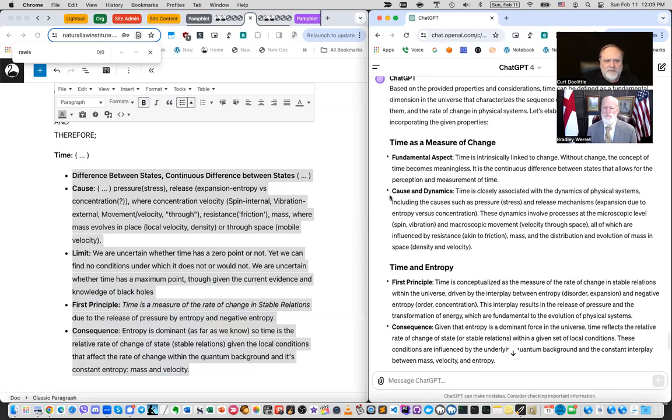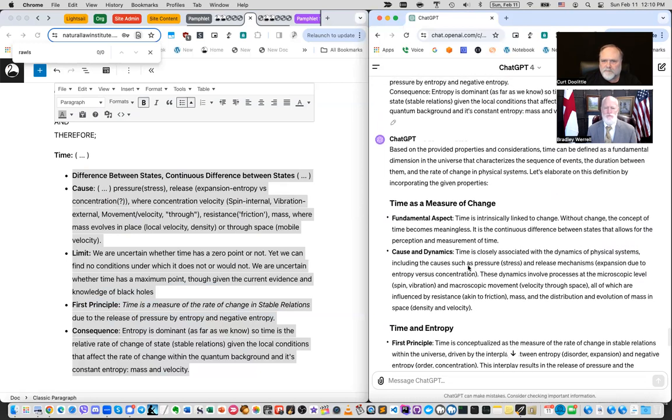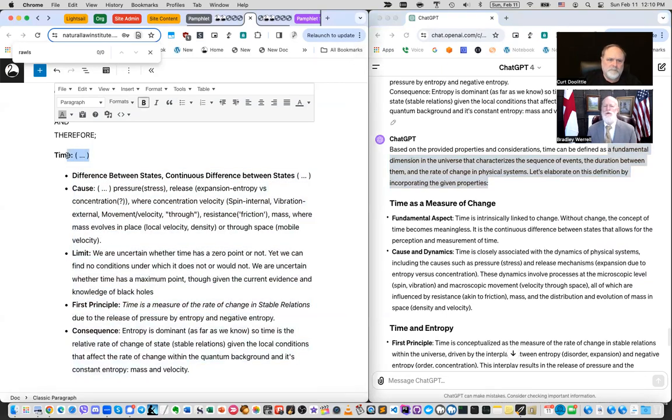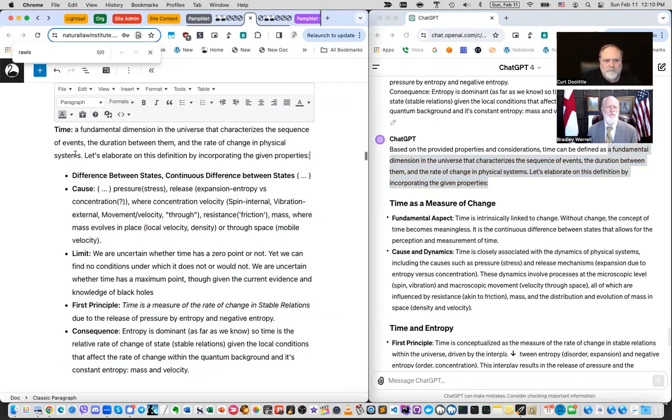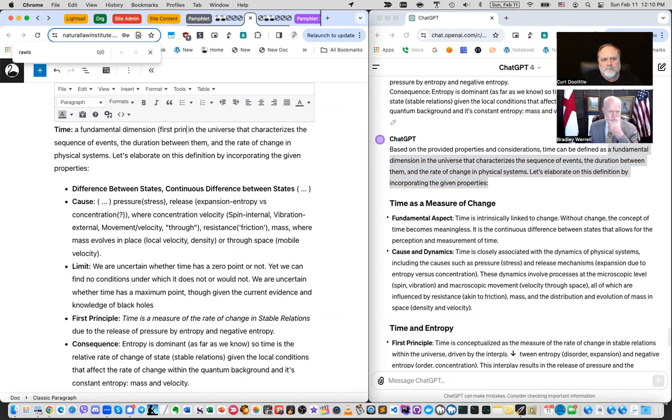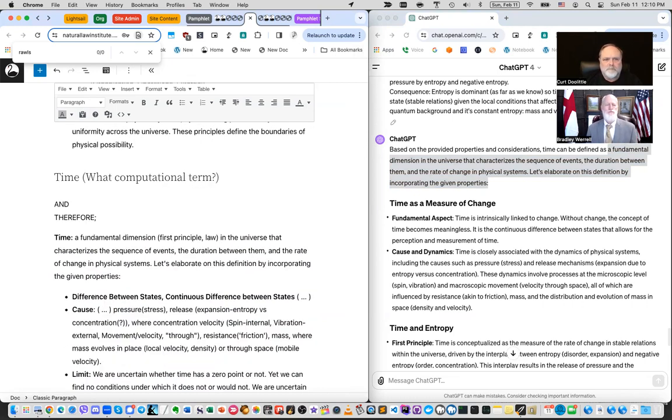It's literally given us a translation of this. Fundamental. You can't observe it.